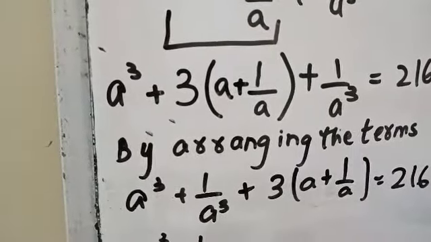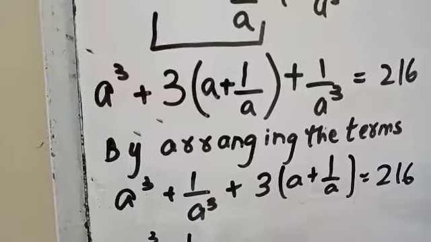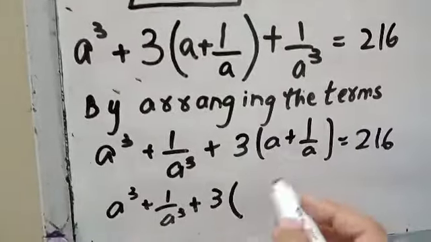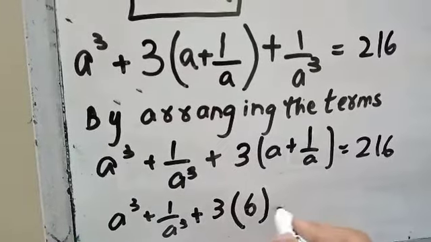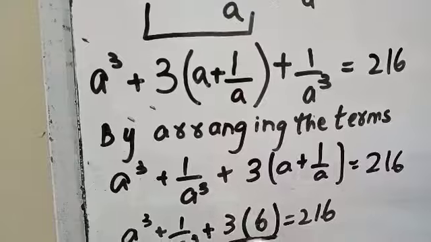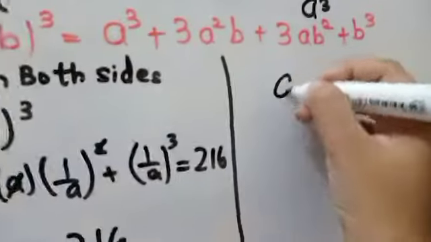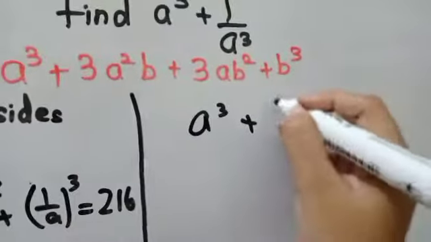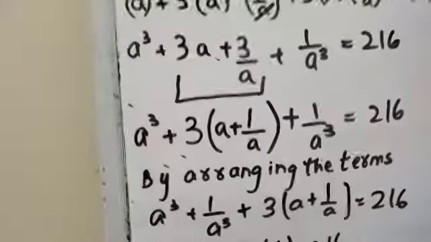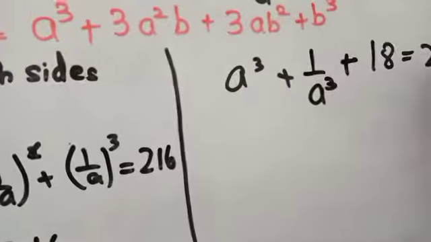A cube plus 1 upon a cube plus 3, and instead of a plus 1 upon a, I will write 6, which is given in the question. In the next step, I will solve this bracket. A cube plus 1 upon a cube plus 3 times 6 gives me 18. Plus 18 is equal to 216.